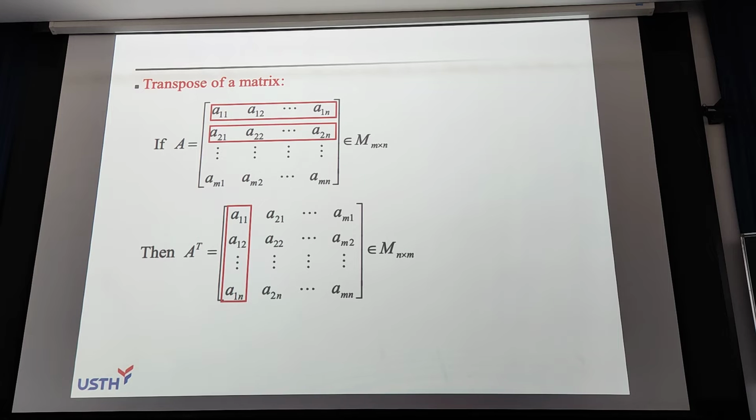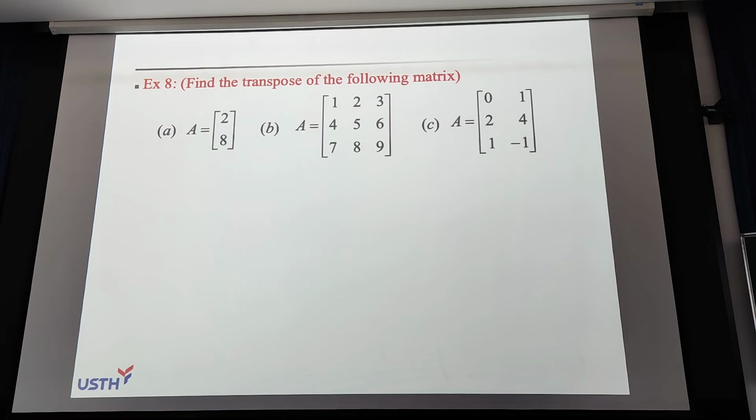Take the second row, now it becomes the second column of A^T, and so on, up to the last. The last row of A now becomes the last column of A^T. So that is transpose. It is very easy, not like matrix multiplication.